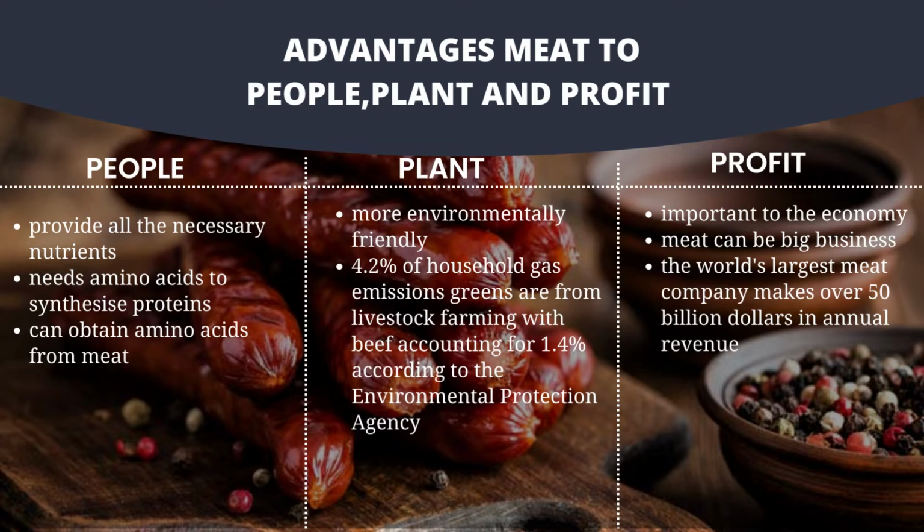Next, the advantages of meat to the planet: meat is also more environmentally friendly, as modern beef production has advanced since the year 1977. Advanced production has produced 30% more beef with 30% fewer animals, according to a Washington State University study.